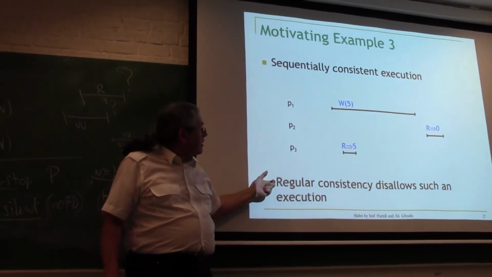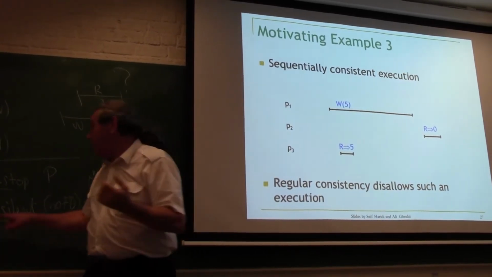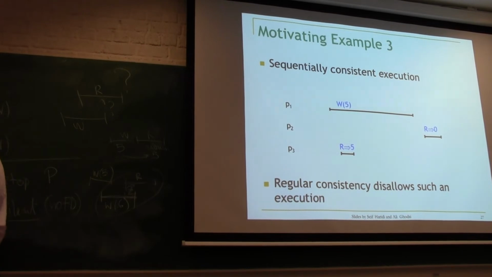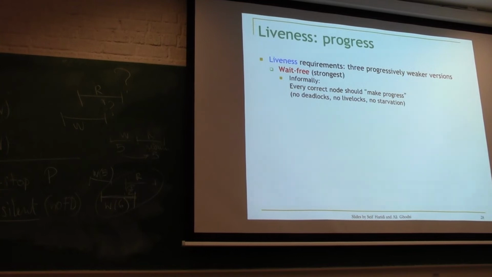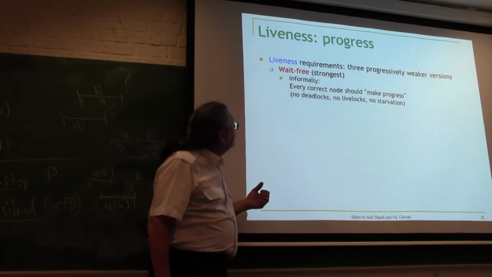But these do not guarantee progress. So these conditions are all safety. That means I also have to talk about liveness, but most of the talk today will be about safety, so I will have only one slide on liveness, just to introduce some liveness concepts.